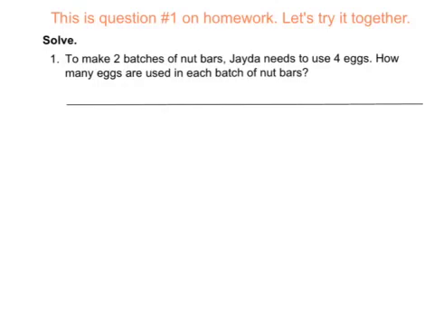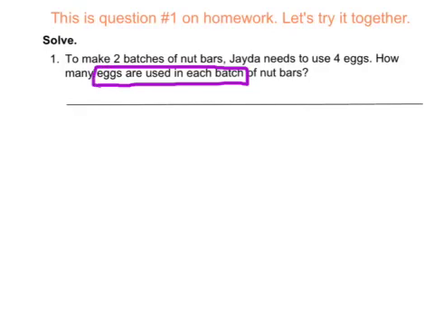As you read the question, it says, to make 2 batches of nut bars, Jada needs to use 4 eggs. How many eggs are used in each batch of nut bars? The first thing we want to try to do is look at what is the question asking us for. What are the units? We are looking for eggs used in each batch.